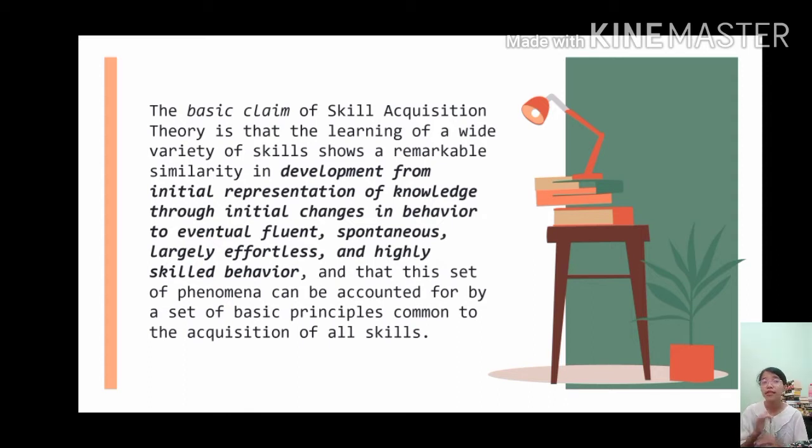And that this set of phenomena can be accounted for by a set of basic principles common to the acquisition of all skills. Therefore, skill acquisition is a form of learning where skill behaviors can become routinized and even automatic under some conditions.